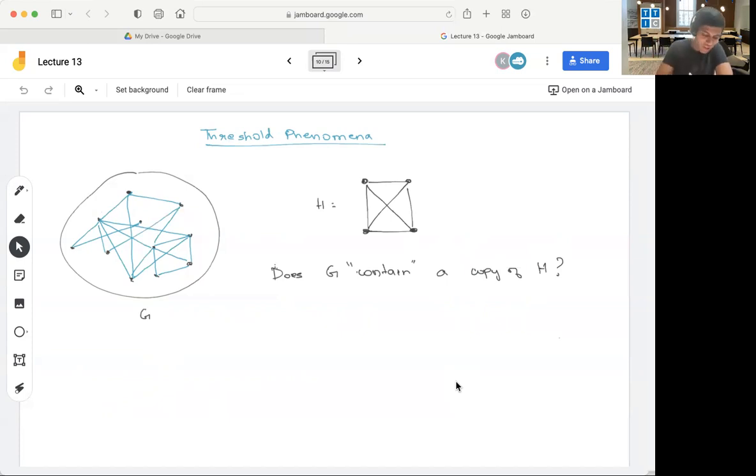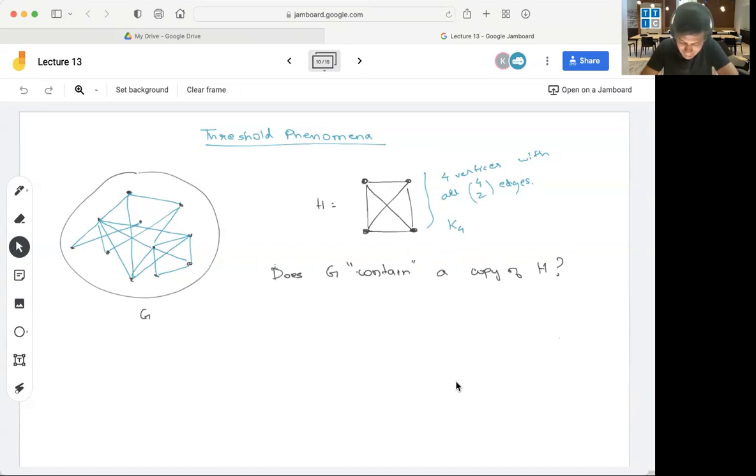In this case, H is a small graph with 4 vertices and all 6 edges present. It's also called the 4-clique or K4. That's just a special name for this particular graph. And you can ask this question for any H.